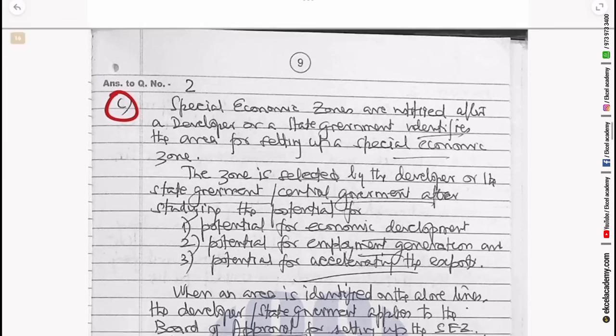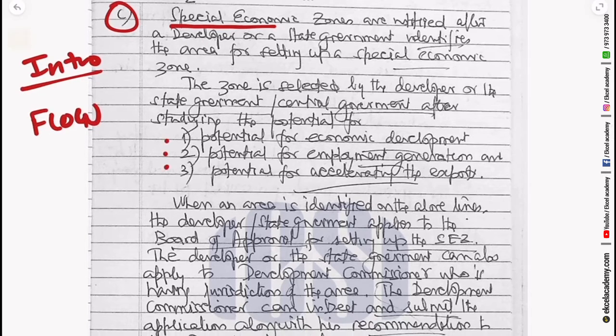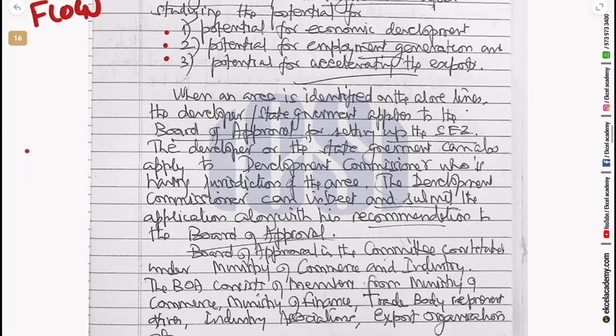So we are not reading every answer, to give you an idea. So special economic zone, very good introduction has been given. So see the flow, see the nice presentation, then point wise has been given, then detailed explanation.